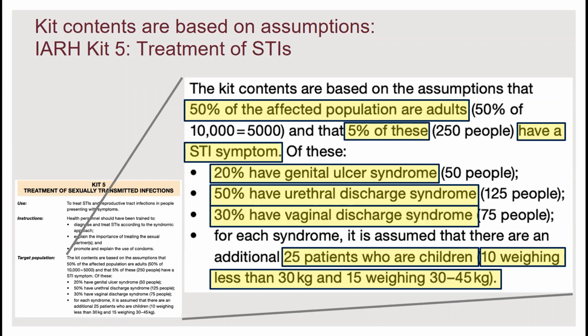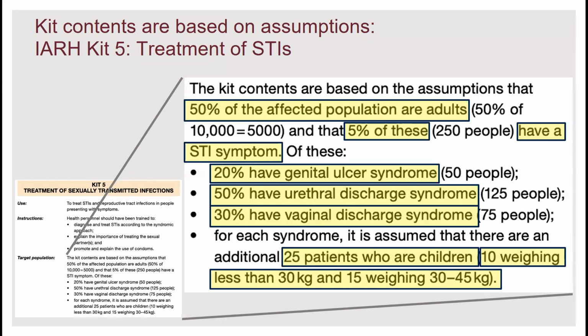And if we apply standard treatment guidelines, which also involve assumptions in terms of the products used to treat each condition, then we can estimate the total quantity of products needed to treat the STI condition, as we saw in part 1 of the webinar when working with morbidity data.